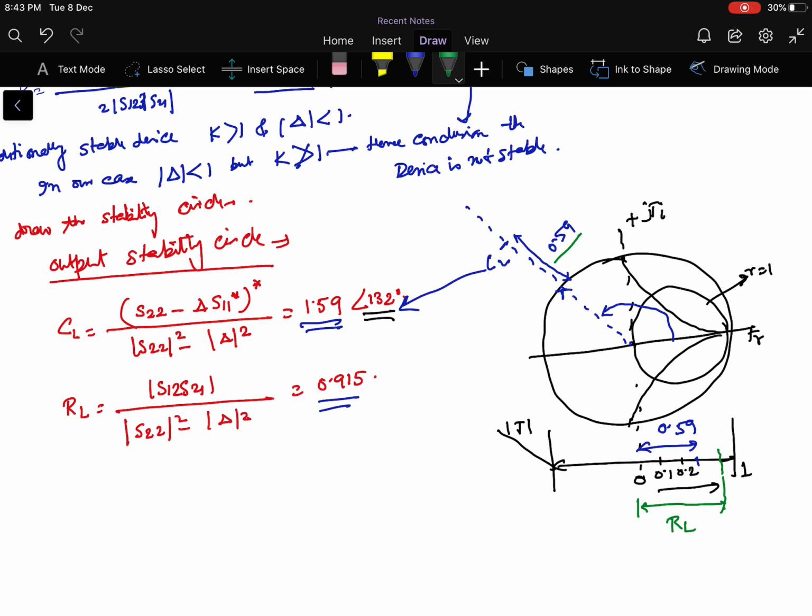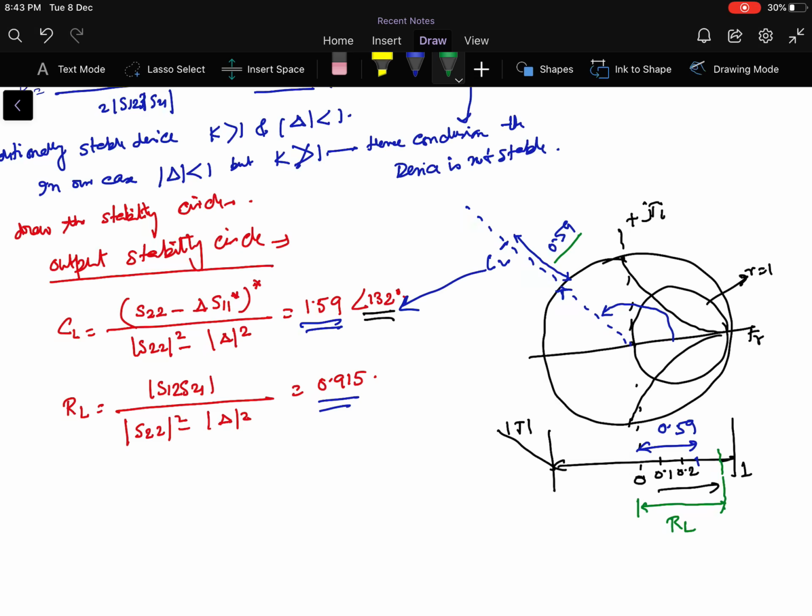Obviously, whenever I take the center and the radius 0.915, it will cut my Z Smith chart, extend inside the Z Smith chart, and then follow its circular locus.